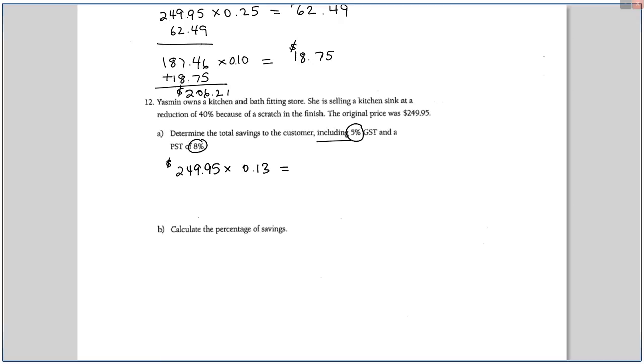When you times those together, you get 32.49. So add that on to the original price. You would end up paying after tax $282.44.